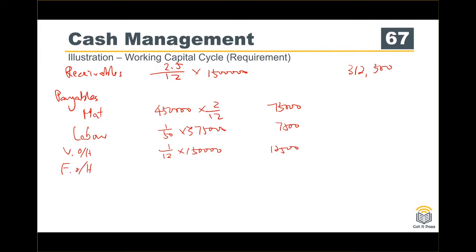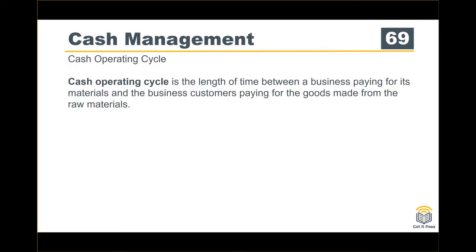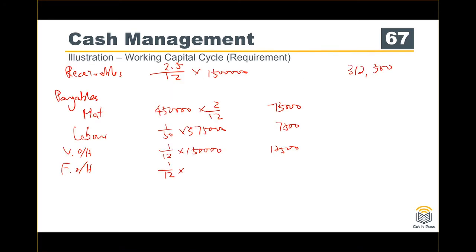For the fixed overhead, it's 1/12 times 225,000, so it means 18,750.